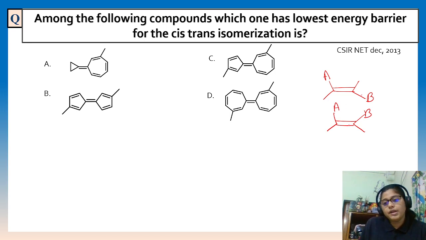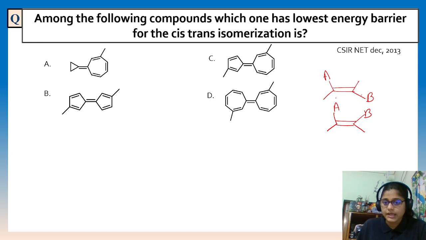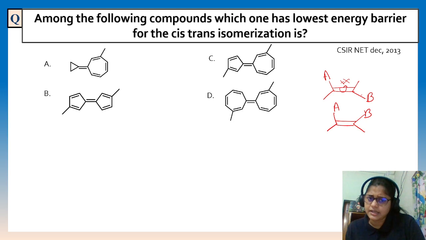But double bonds cannot rotate. So if rotation is forbidden, how can B go to upside? It will not, right?